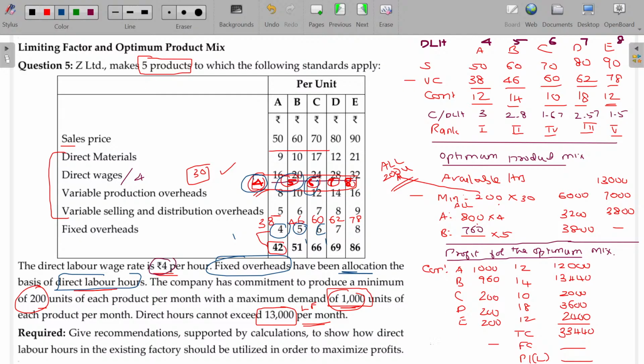So overall number of hours available being 13,000 hours into per hour being 1 rupee. So we decided what is the fixed overhead per hour based on the above information. And 13,000 into 1 rupee, 13,000 is the total fixed cost for the month. After subtracting that, the profit as per your optimum mix being 20,440. Is that clear?